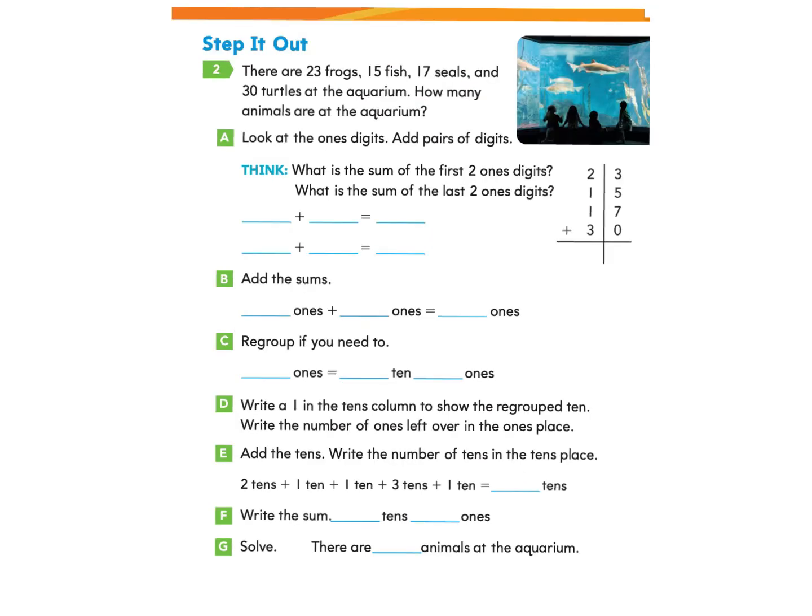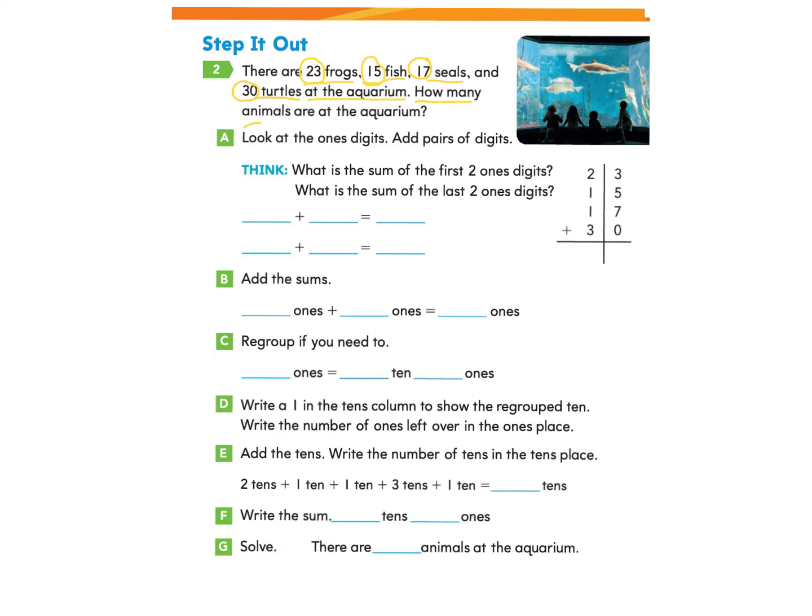Let's take a look at the next page, page 322, under Step It Out Part 2. There are 23 frogs, 15 fish, 17 seals, and 30 turtles at the aquarium.